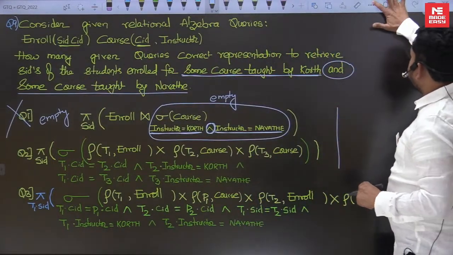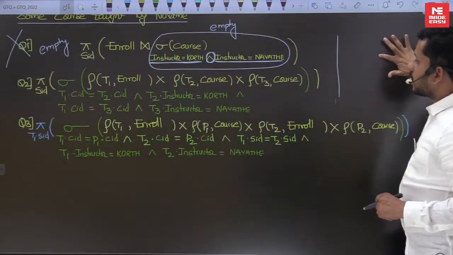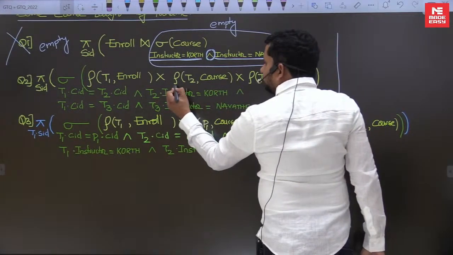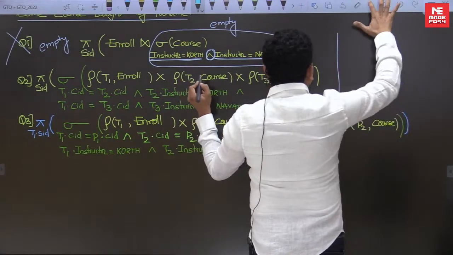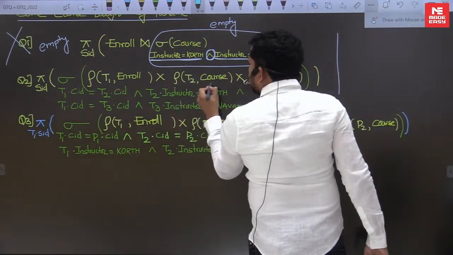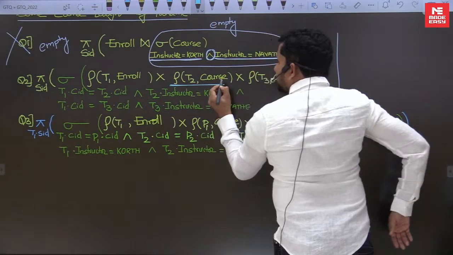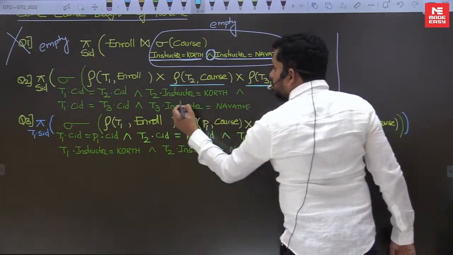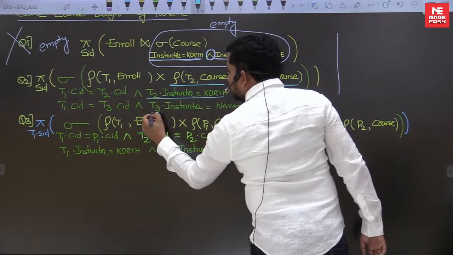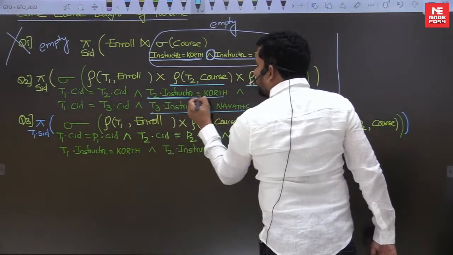So this is one of the well-known queries, not much to explain. Here T2 is one of the courses whose instructor is Koth, and T3 is one of the courses whose instructor is Navate. These two conditions can possibly be true.